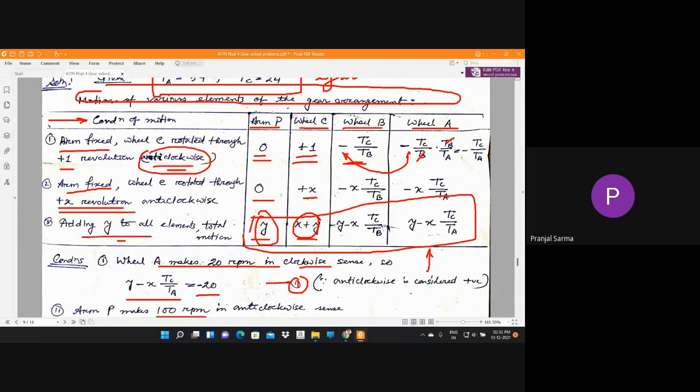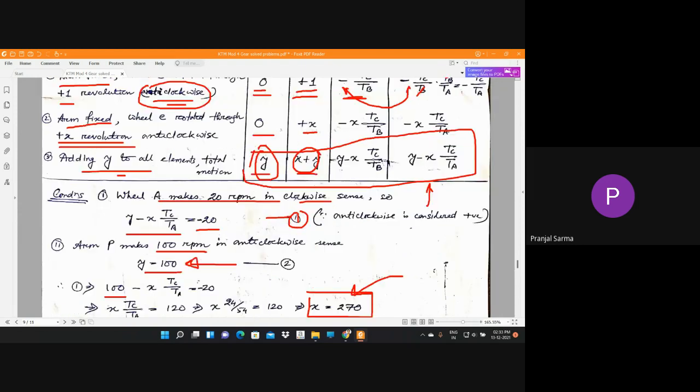Ultimately we find the total motion, and those motion values obtained in the table we equate with the given conditions in the question, and solve for all those x, y values, and ultimately we get the answer. This is how this kind of problem needs to be addressed.